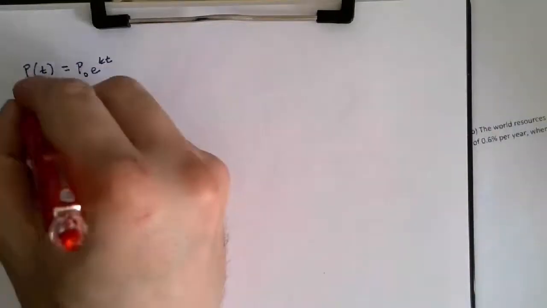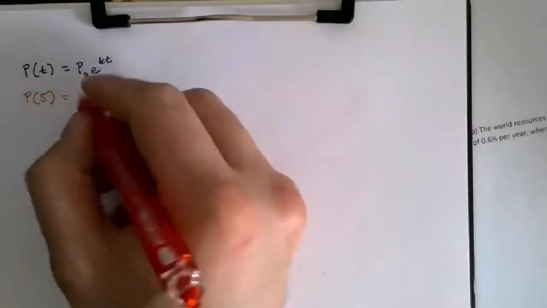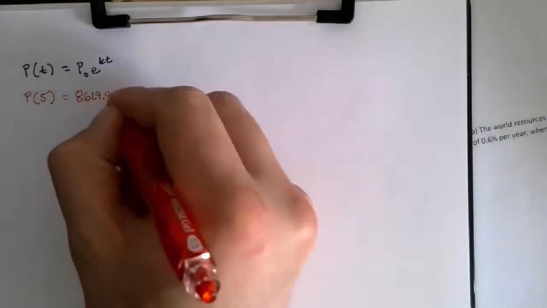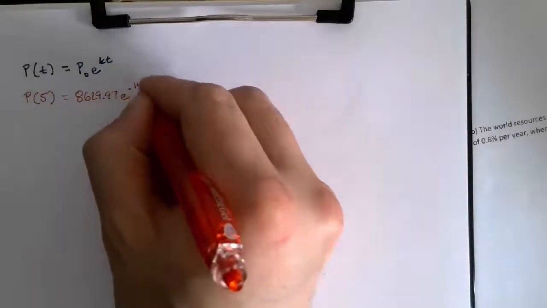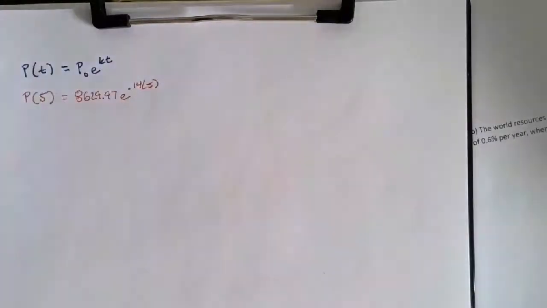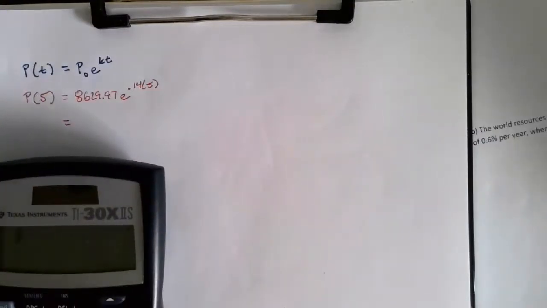So we're going to verify that what I said is true. I'm really looking for P of 5. P sub 0 would be 8,629.97 times e to the k, which we know is 0.14 because it's 14%, times 5, so times t power. If you evaluate this on your calculator, you should know how to do this. This is old news, but it's really showing us what we just did.